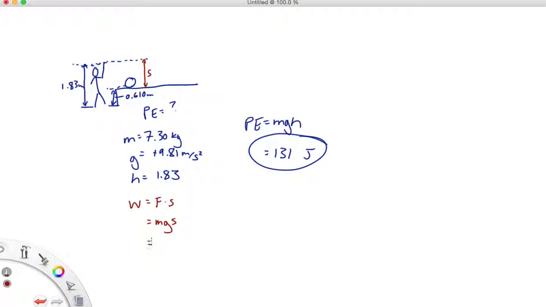We know what m is. We know what g is. We can rock this party out. Just substitute that in. s is going to be the difference between these two, so it's going to be 1.83 minus 0.610 meters. So you're going to get, as a total amount of joules, 87.4 joules. That is how many joules you need to lift it above your head.